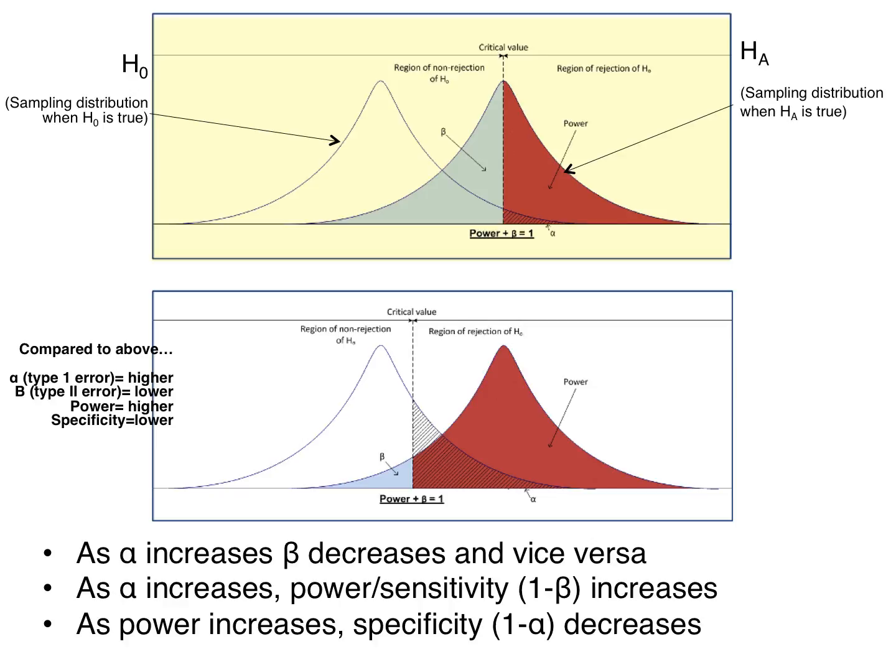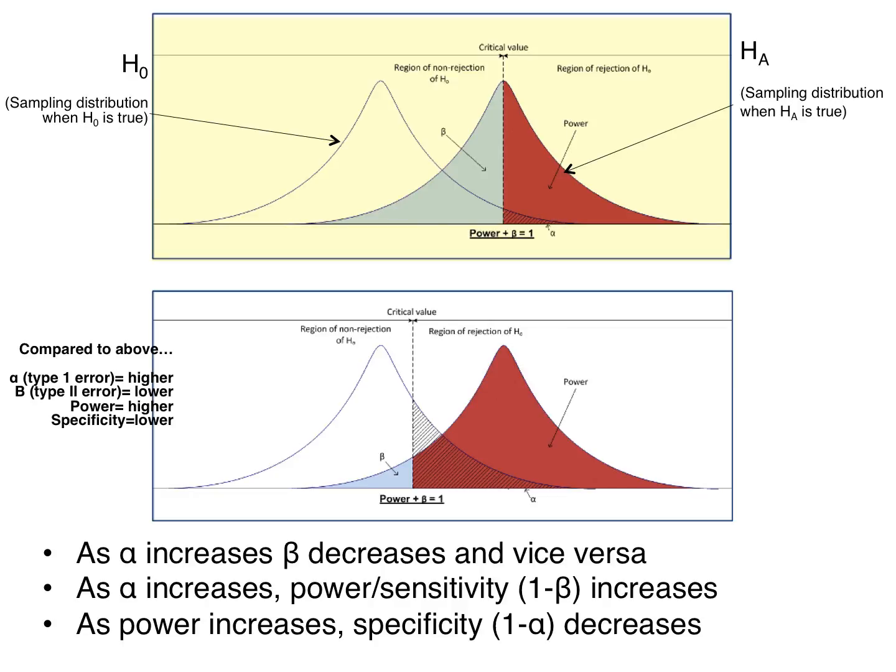In this situation, we must get quite an extreme value to reject our null hypothesis and conclude that there is a difference of some kind. In this situation, we can see that the power of our test, so 1 minus beta, shown in red, is complementary to our type 2 error rate, beta, which is shown in blue.